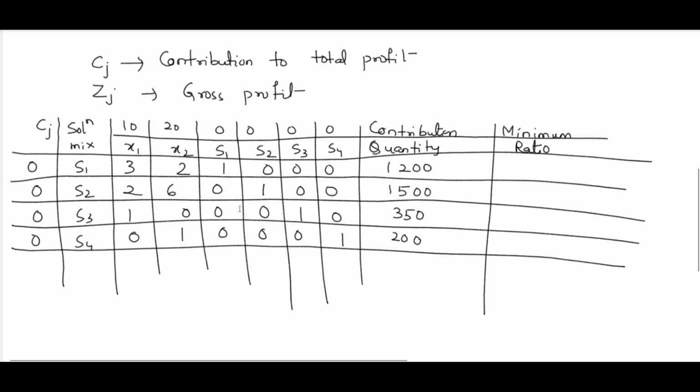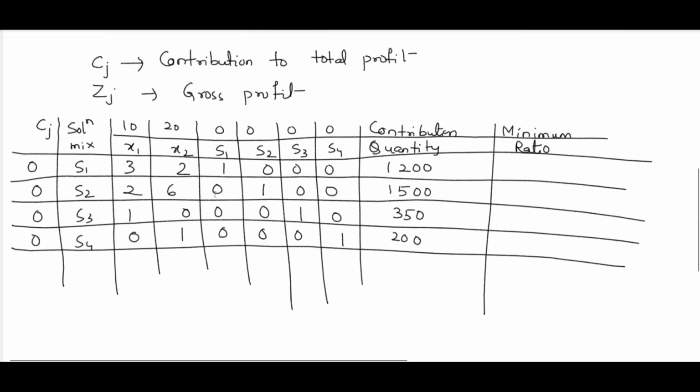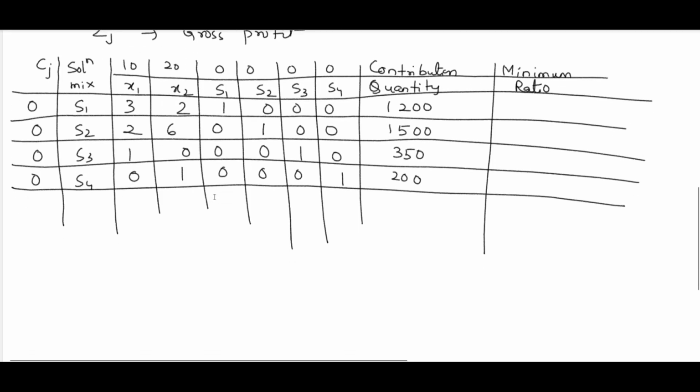So next what we have to do, we have to compute ZJ, that is the gross profit. So we will make ZJ net profit. How can we compute ZJ? We compute 0 into 3, 0, plus 0 into 2, 0, plus 0 into 1, 0, plus 0 into 0, 0.